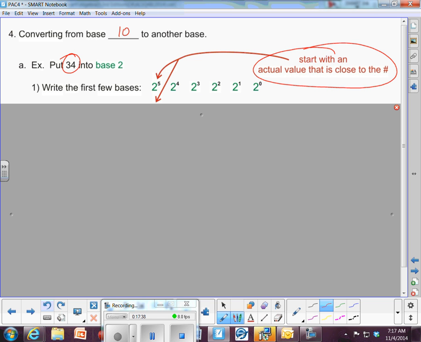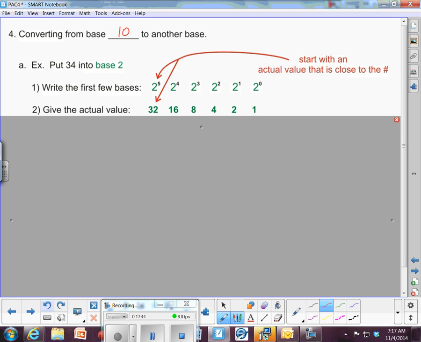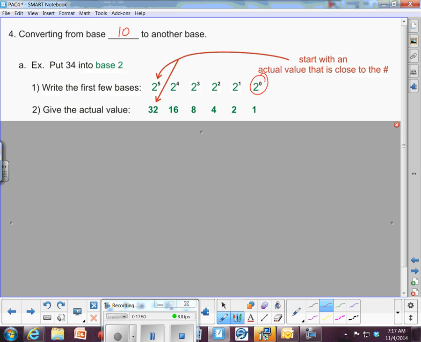So here's what really happens, and maybe I shouldn't have used the word start there, but it's the starting of the division process. But here's the actual values, right? As you're going along, 2 to the 0 power, that's a 1. Then 2 to the first, that's a 2, and you're working your way across.